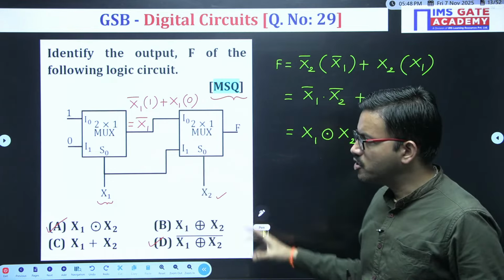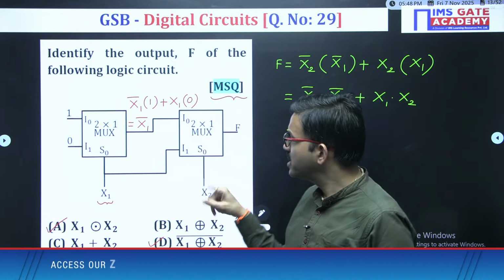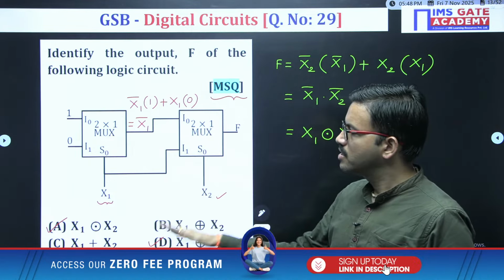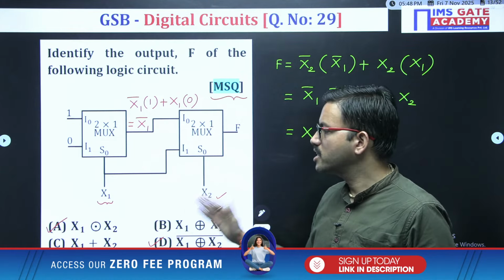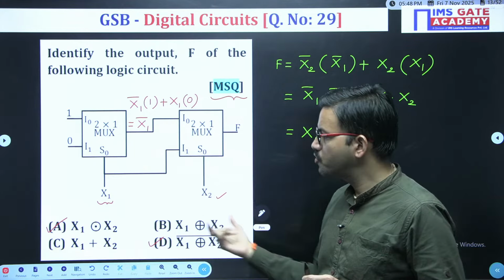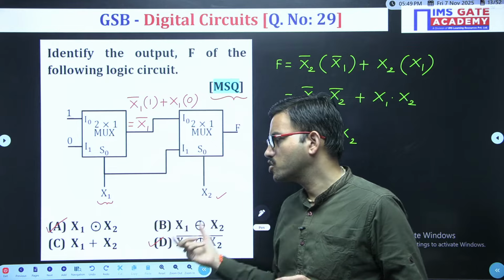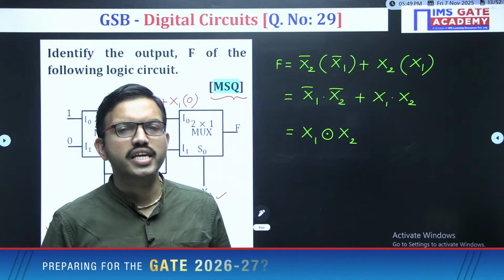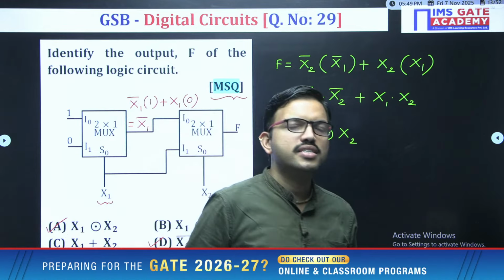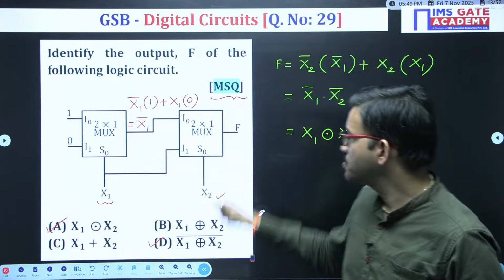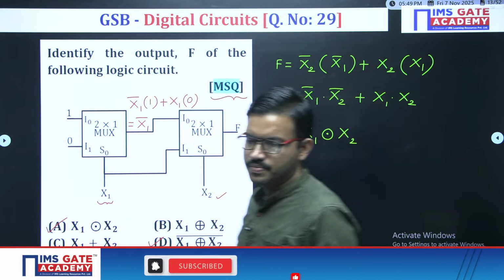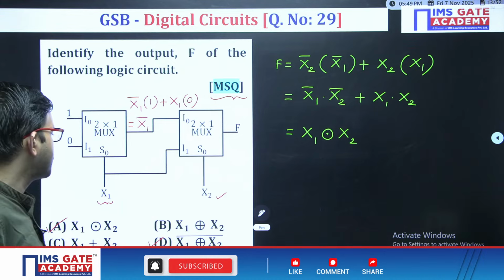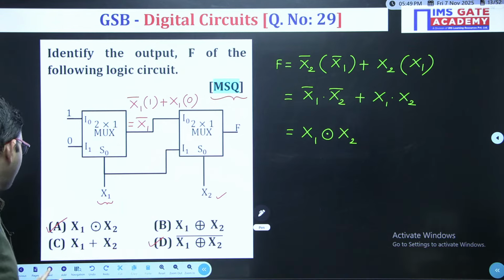Just like MCQ, even for MSQ only one correct option can be present, or even more than one: 2 correct options, 3 correct options, or even all 4 choices can be correct. Whichever correct choices are there, you have to mark accordingly. Then only you will get marks for that particular question in the GATE exam, especially for MSQ. So for this question, 2 correct choices are there, option A and option D.